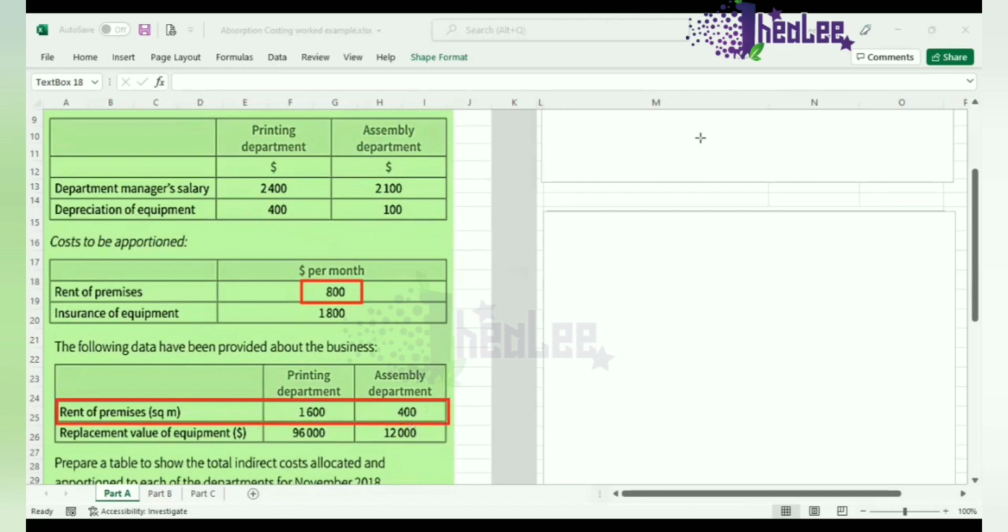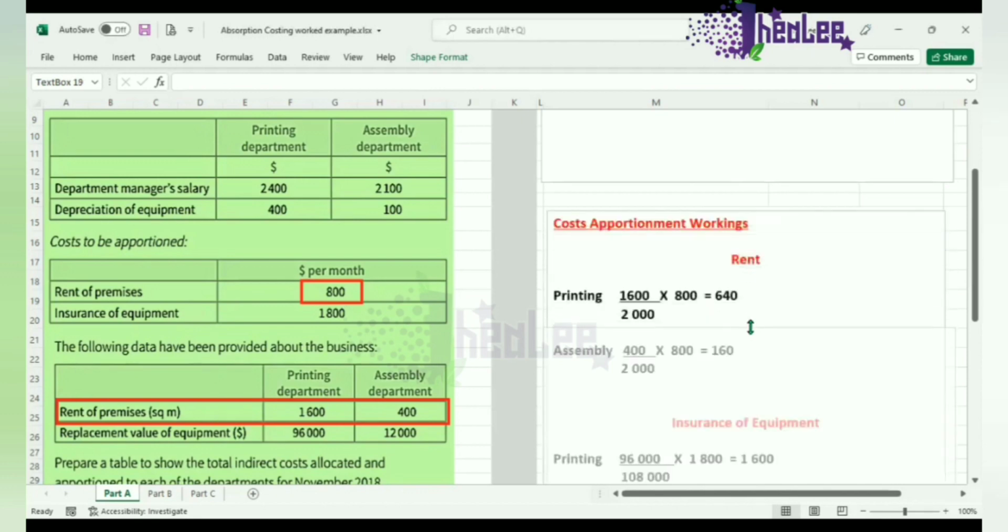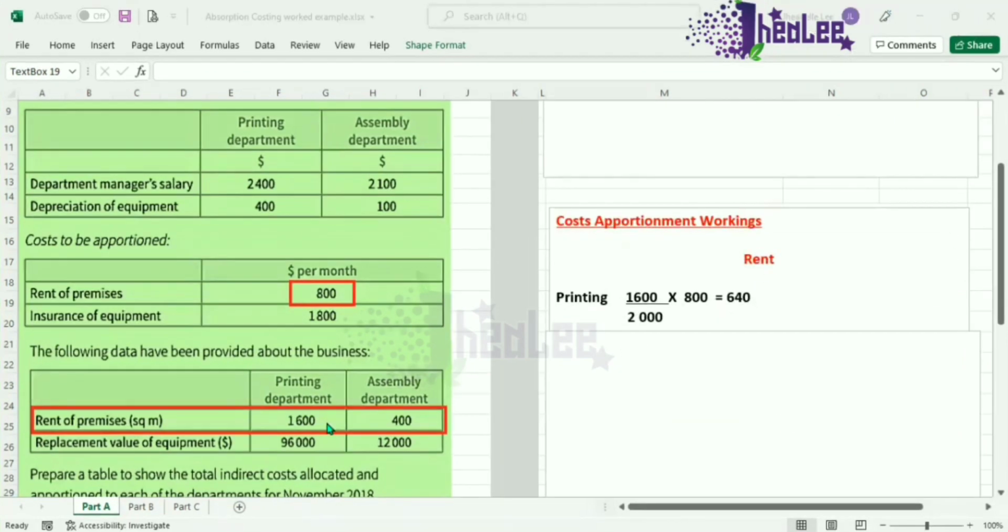So for our workings, we're going to multiply the amount for the rent per month by the fraction of what is used up by each department. So for the printing, it is 1,600 square meters divided by the total number of square meters, which is 2,000. And then we multiply this by the rental cost for the month. And for the printing department, they're using up only $640 of that 800 cost.